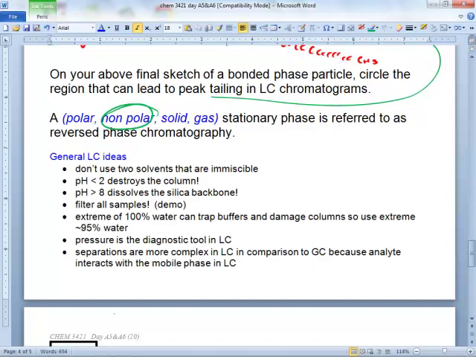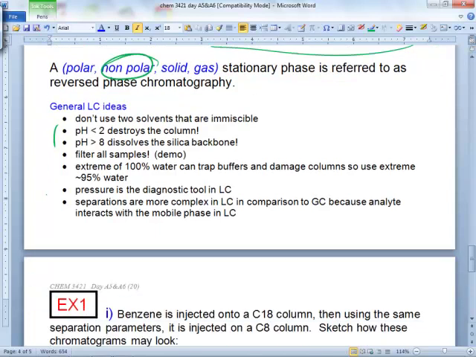So he takes the analytical column apart, pops it off, and oh, look at all this white stuff in here. He takes his paper clip and he starts digging in there. Well, what is he digging out? Yeah, the packing, that stationary phase. And then he goes, well, I should fix it. So that's something that would destroy an LC. That's not on the list here, but okay. So you got to be careful at low and high pH, but other than that, you're okay.